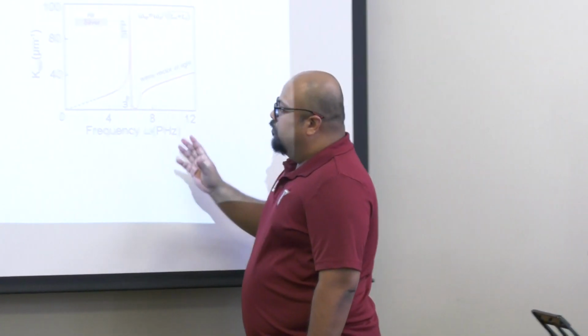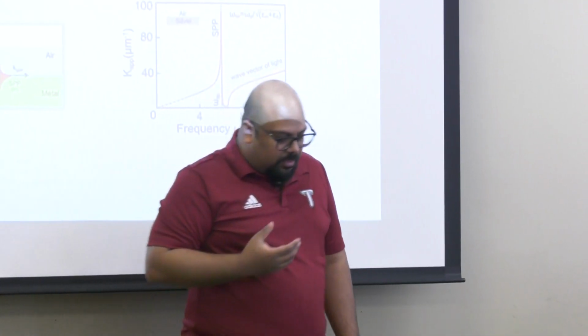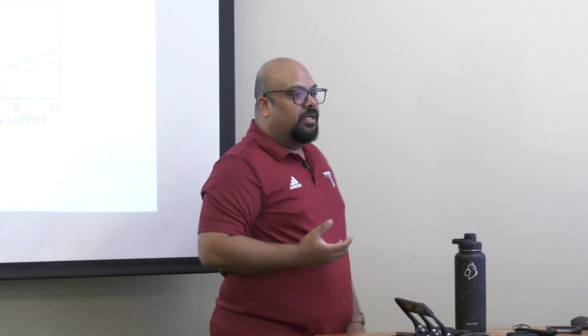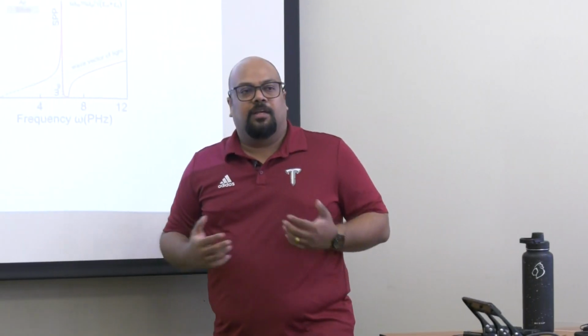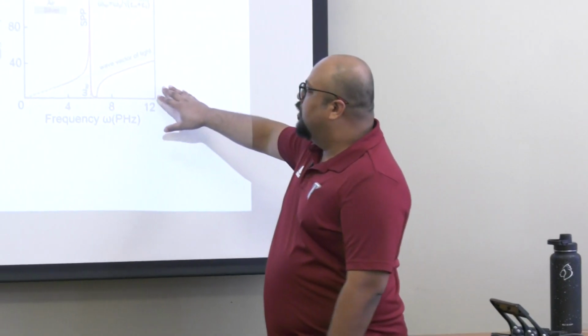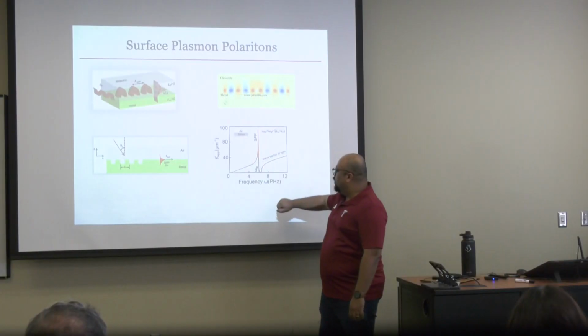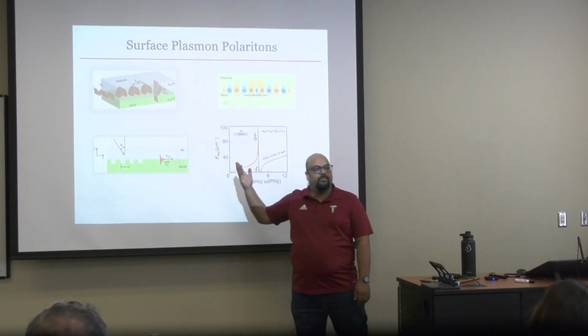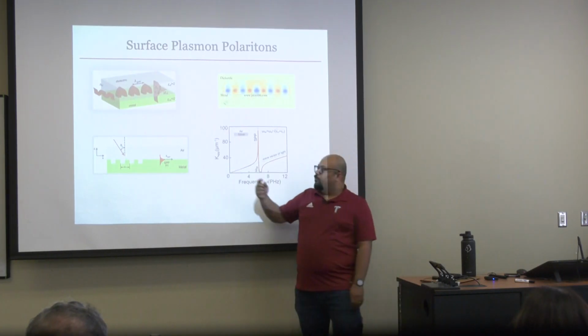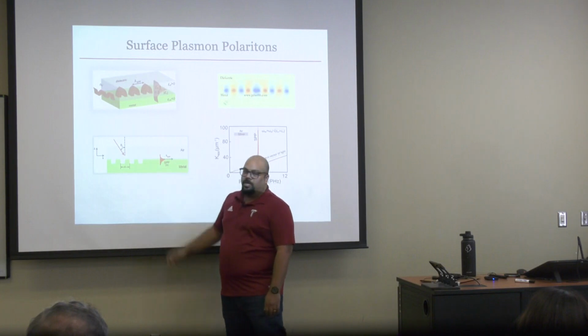How we can understand whether the light is being squeezed or not is by relying on analytical formulations. Here we have drawn the frequency versus the wave vector of the light and the wave vector of the surface plasmon polaritons.